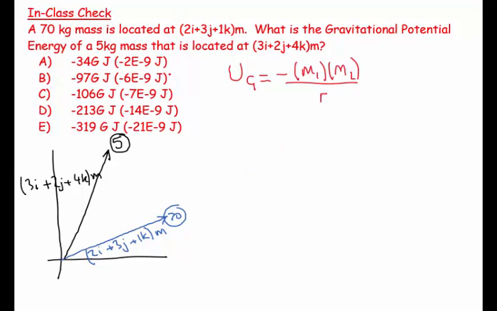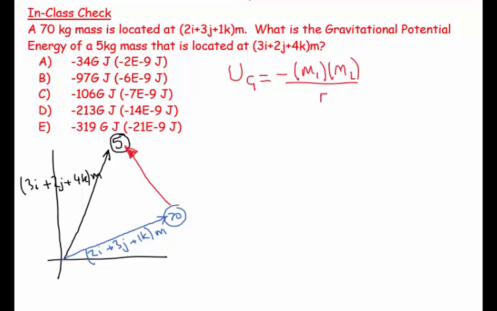And where is that separation? That separation is here. If you like, it's the magnitude of the vector which goes from the 70 to the 5. I want the magnitude of that red vector. But I don't have it. In fact, I don't even have the displacement vector pointing from the 70 to the 5, although that would be a good first step.